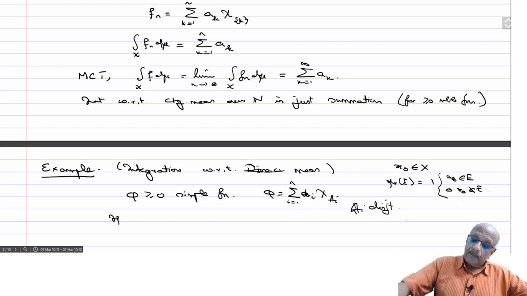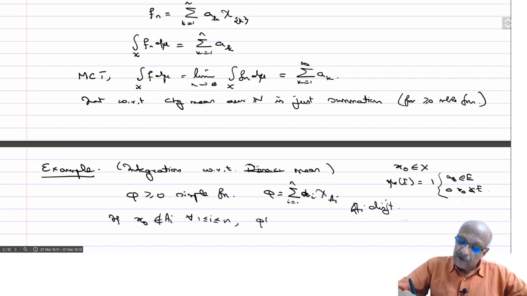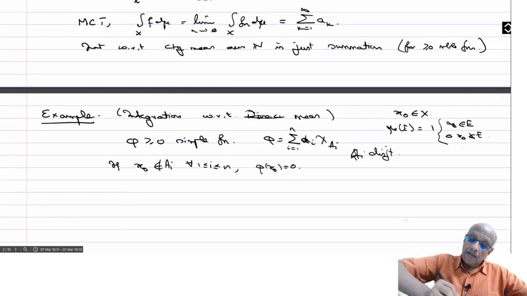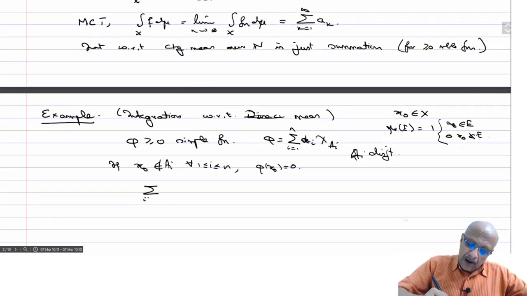So if x naught does not belong to A_i for all 1 less than or equal to i less than or equal to n, then you have phi of x naught equal to 0. Also, sigma i equals 1 to n alpha_i mu of A_i: x naught is not in any of them, so all of these are 0. So this is equal to 0, and this is equal to phi of x naught. And that's equal to the integral of phi d mu.